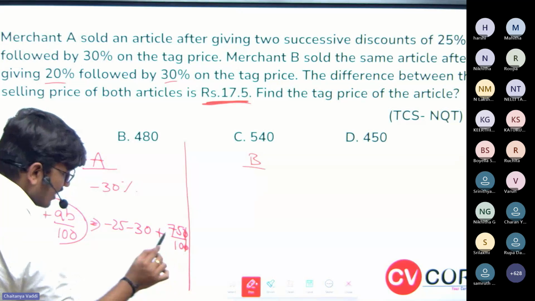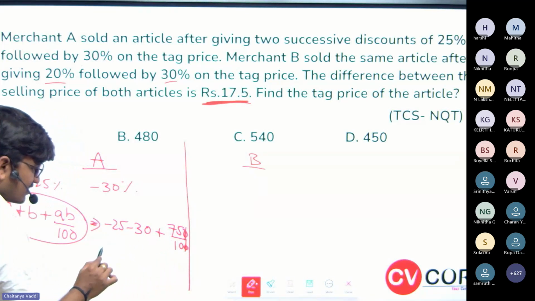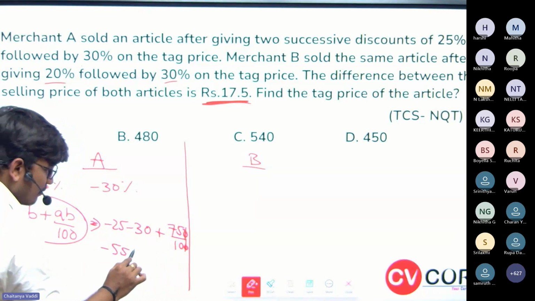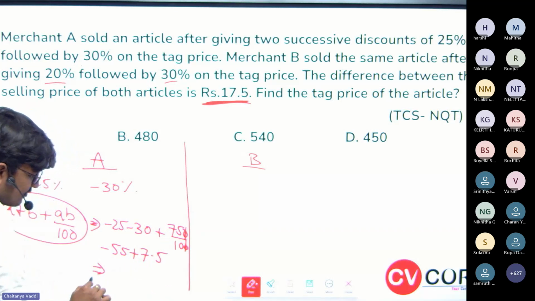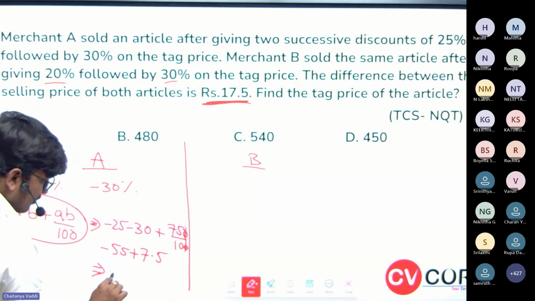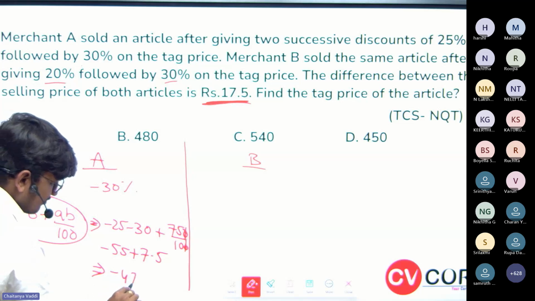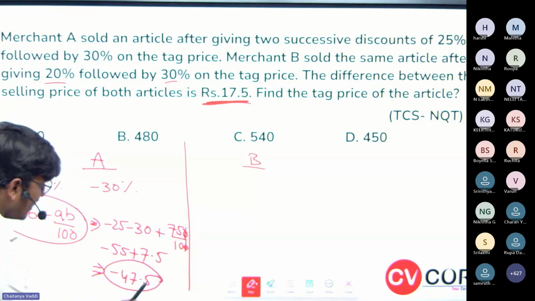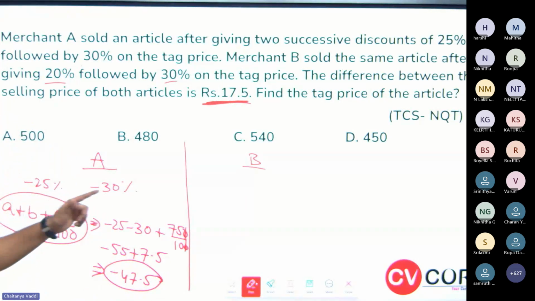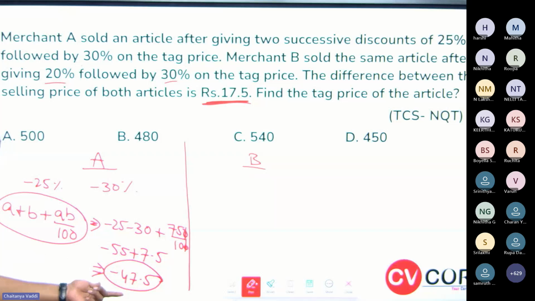Zero, zero cancel here. Minus 25 minus 30 is minus 55, plus 7.5, so minus 47.5, correct?